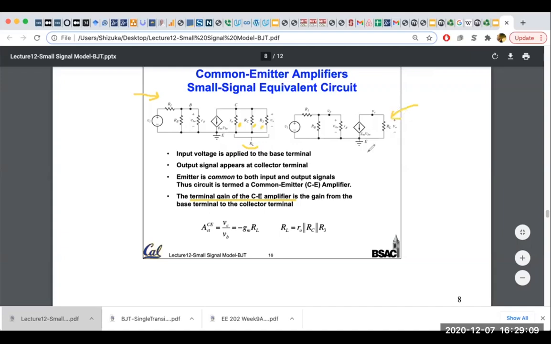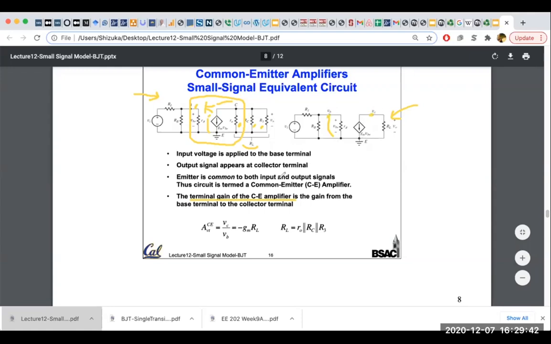And here is your VBE voltage. It's actually where your transistor is here, right? This is base. This is emitter. This is collector. So this is where your transistor is. And now when you look at it, let's first calculate VC over VB.